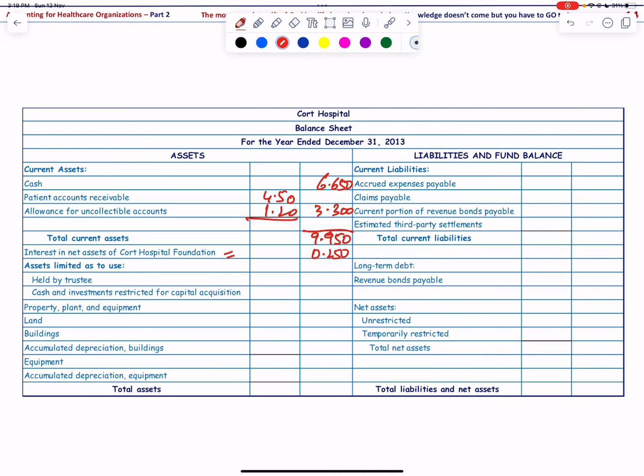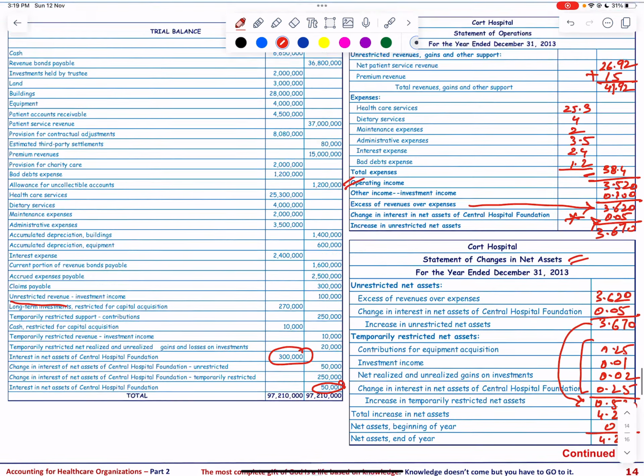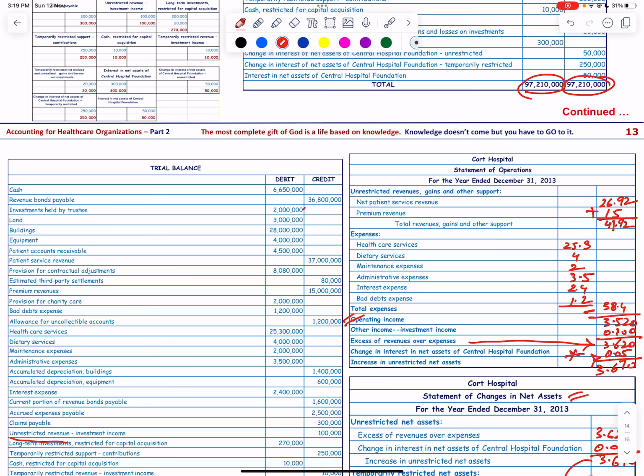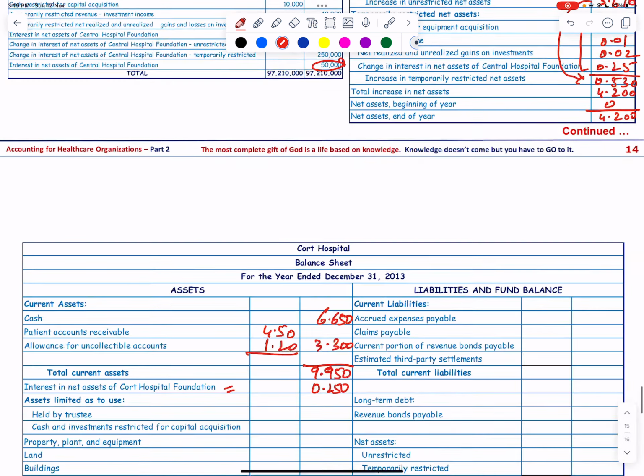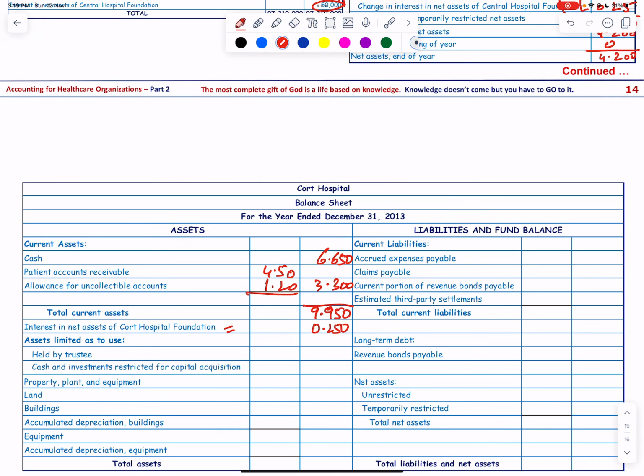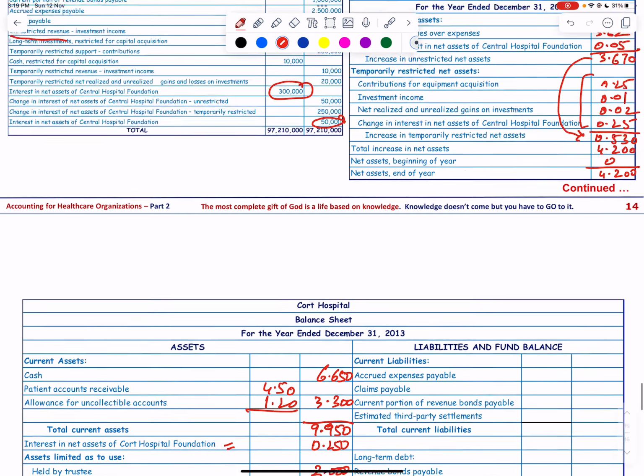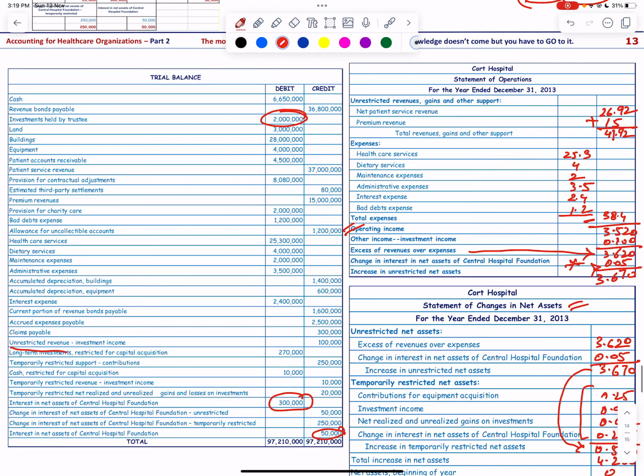Okay, then assets that are limited in use, there we have the amount held by the trustees, that is 2 million. Then cash and investment restricted for capital acquisition, and you can see restricted for capital acquisition is 270,000.